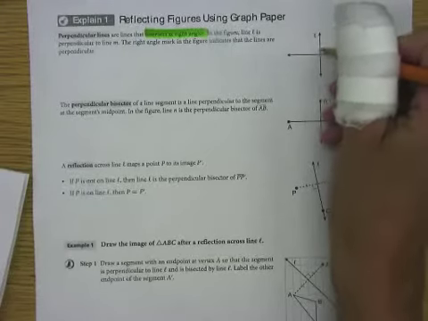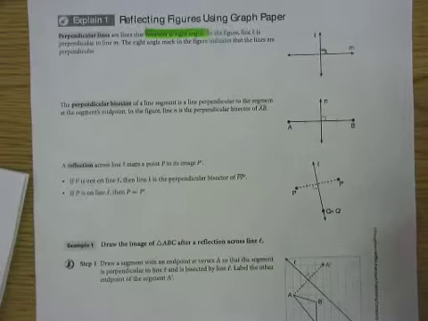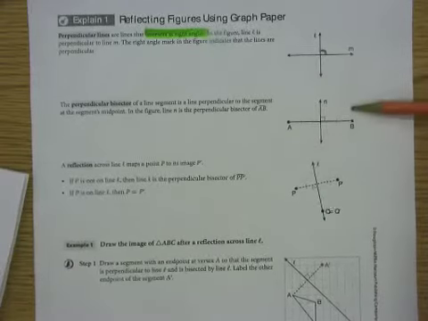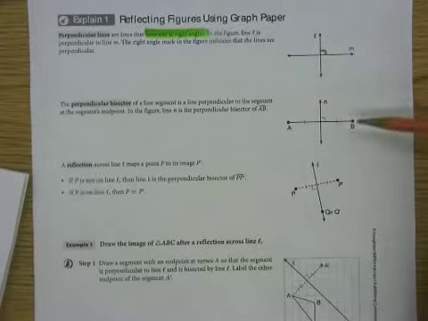And in the diagram, notice that they've drawn L and M to be perpendicular. Notice this little box here. That indicates that the lines are perpendicular. If they want to tell you that lines are perpendicular or that there's a right angle, they'll use that little box to say it without saying a word.